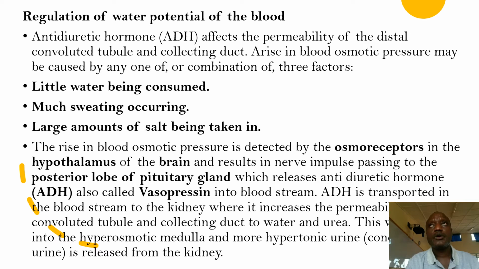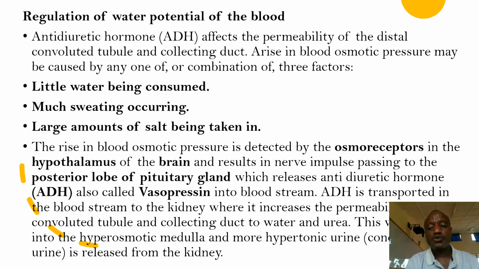As ADH is a hormone, for it to reach its target organ, it has to be transported via the bloodstream. So that's why they say the ADH is transported in the bloodstream to the kidney, which means the kidney is the target organ for ADH hormone.